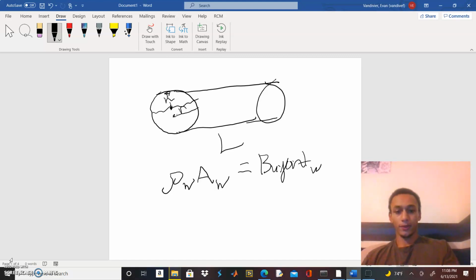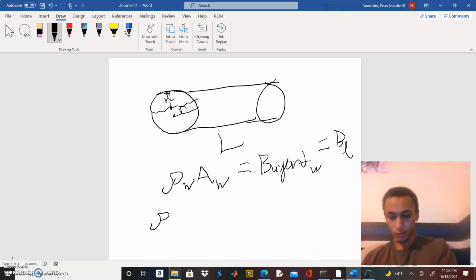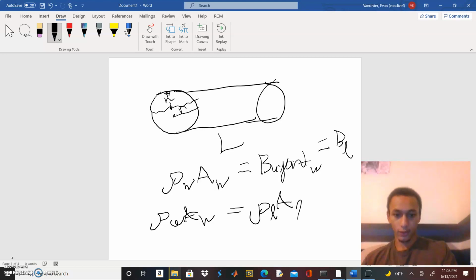But the buoyant force of the water also is equal to the buoyant force of the log. So you can do rho, density of water, cross-sectional area of water is equal to the density of the log, say rho L, times cross-sectional area of the log. The problem here is to find the cross-sectional area of the water.